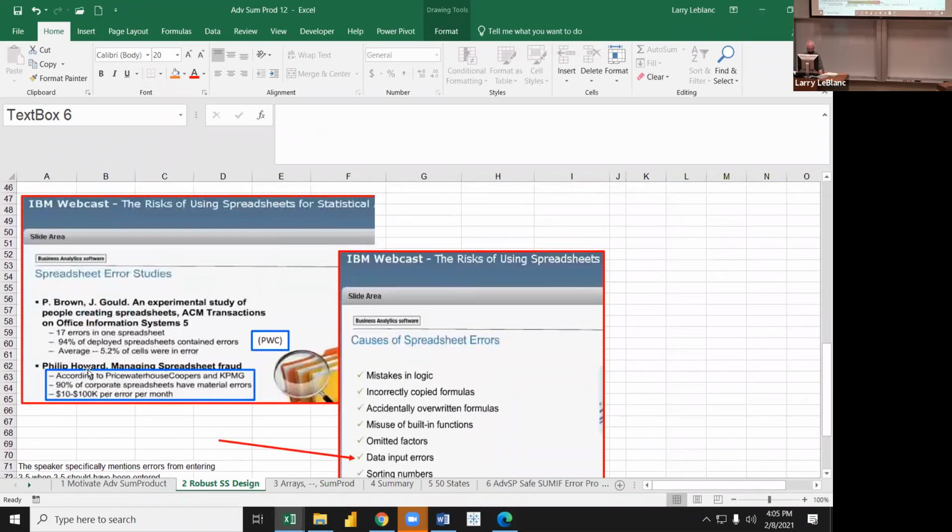IBM actually stated that according to PricewaterhouseCoopers and KPMG, 90% of corporate spreadsheets have material errors, costing between $10,000 and $100,000 per month. That seems hard to believe. That's not a recent quote, but I think it is still true.